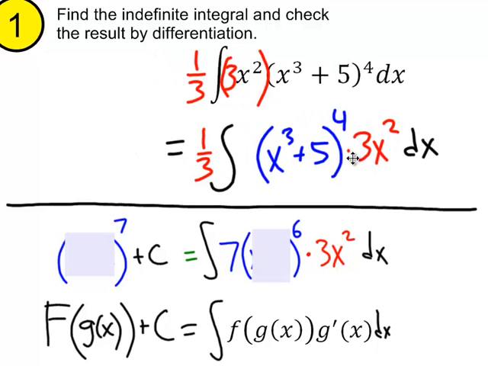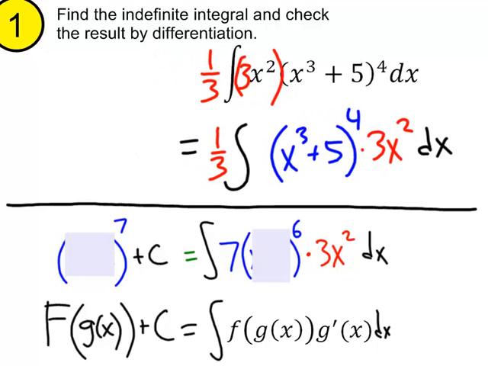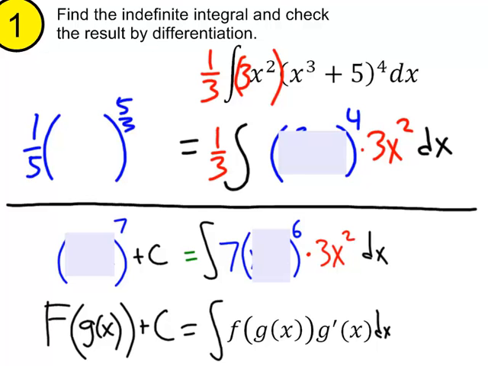We just need to do the same thing up top. If I focus on the outer function, that blank to the 4th power, when I anti-derive that, I'm going to get blank to the 5th power with a 1/5 in front to balance out the 5. And I trust you fully understand now why that 3x squared went away, just like it did down here.